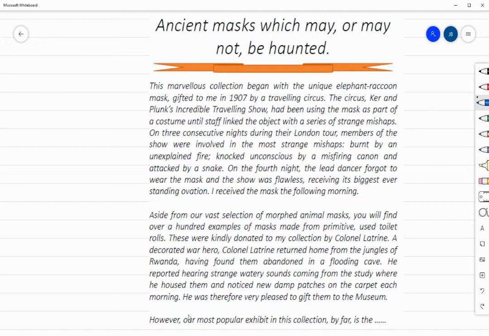On 3 consecutive nights during their London tour, members of the show were involved in the most strange mishaps. Burnt by an unexplained fire, knocked unconscious by a misfiring cannon, and attacked by a snake. On the 4th night, the lead dancer forgot to wear the mask and the show was flawless, receiving its biggest ever standing ovation. I received the mask the following morning.